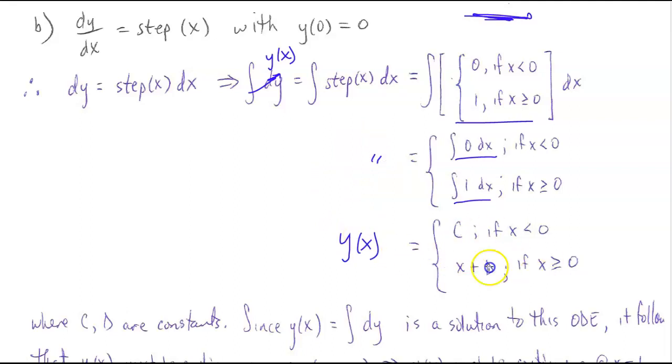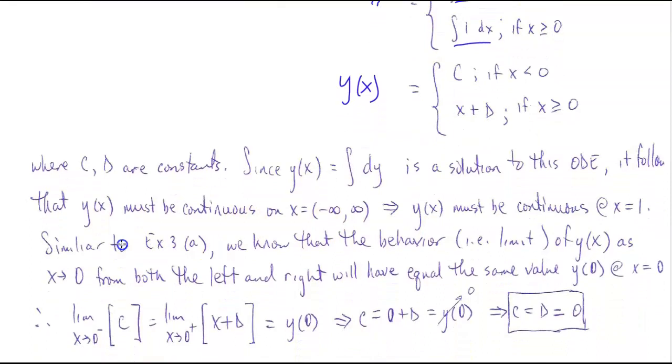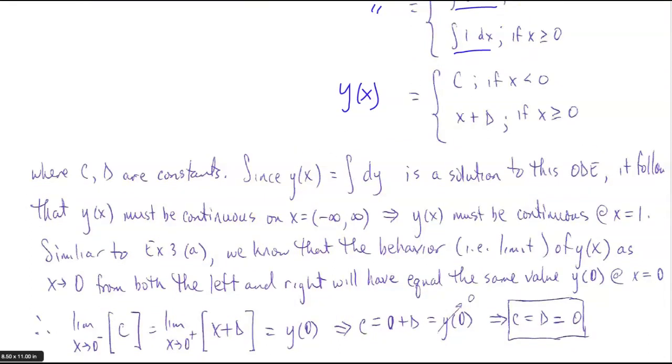And we have the integration constants built into this part, so we don't have to worry about writing it here. And so we know that these are constants. And again, since y of x equal to the indefinite integral of 1 dy is a solution, it follows that y of x must be continuous for all real numbers x. And so that's what you see here.